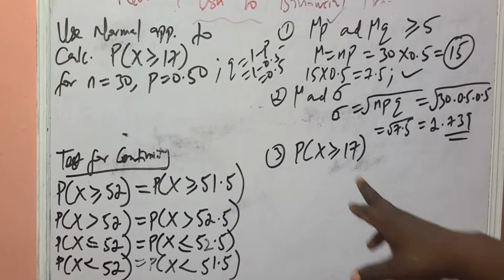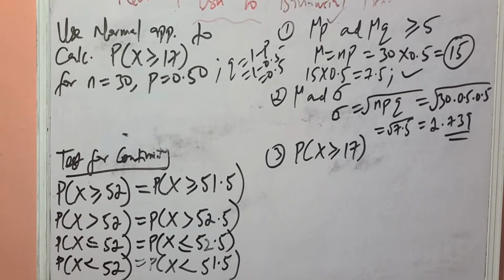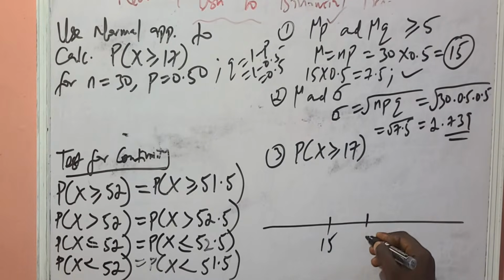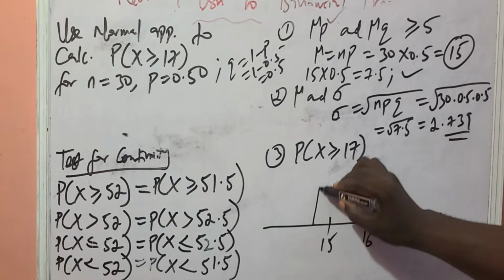So look at what we have right here: greater than or equal to 17. Just to give you a little more explanation, if you're going to graph this using your binomial distribution, let's say this was 15, this was 16, this was 17, this was 18. The graph for a binomial distribution is always something of this form.